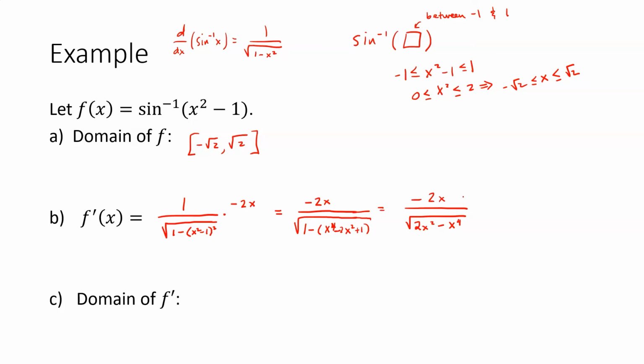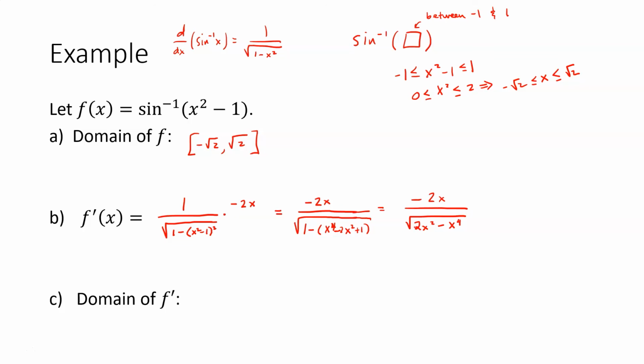Now looking at this, it appears that the domain of this function will contain the same values that we had in the domain of our original function, except now we don't want to include the endpoints, because we notice that at negative radical 2 and at positive radical 2, we're going to get 0 in the denominator, right?